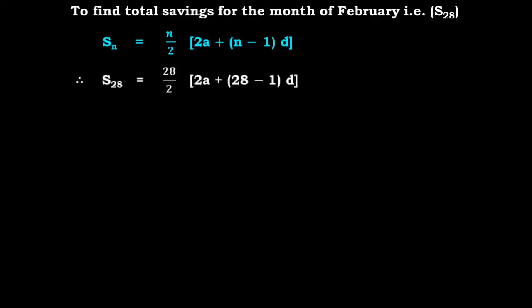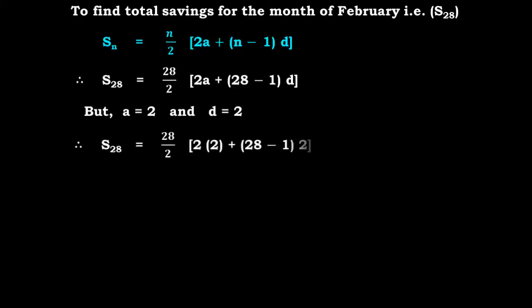S28 is equal to 28 upon 2 into bracket 2a plus 28 minus 1 into d. So 28 minus 1 will become 27, and we have a is equal to 2 and d is also equal to 2.